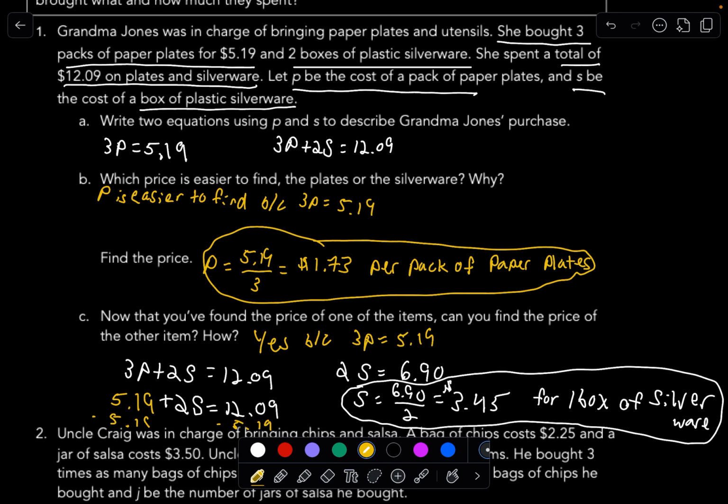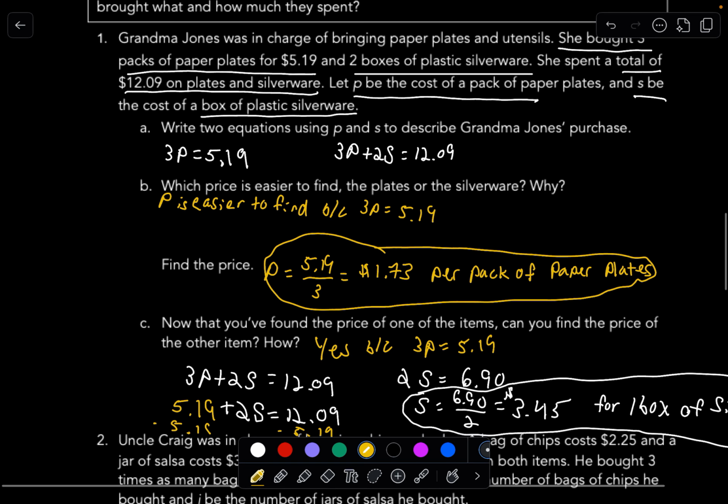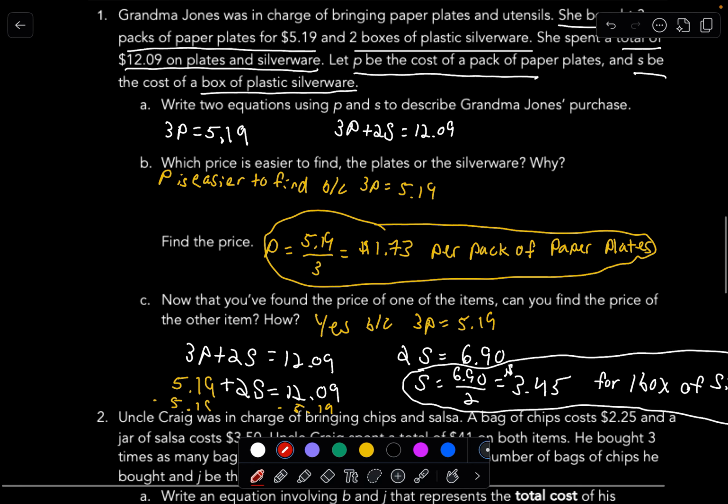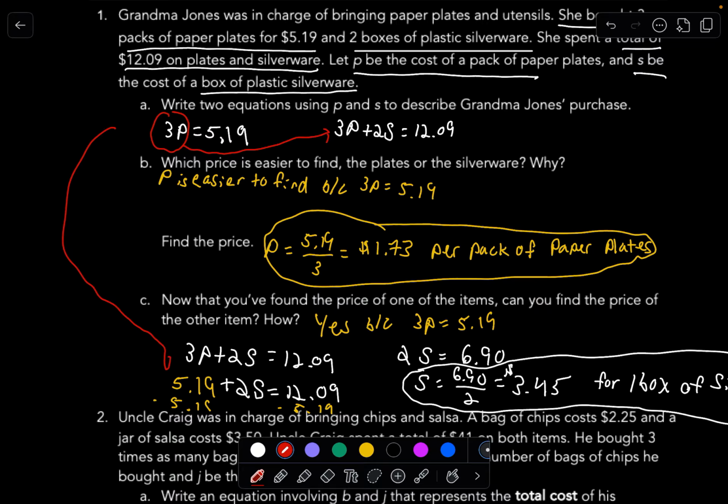Okay. And that was the first question. So let's go through and write down a few notes here. We took the 3P, and what we did was we substituted it in for the 3P there. And that gave us this equation down there.